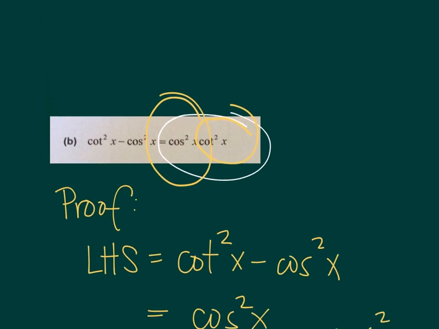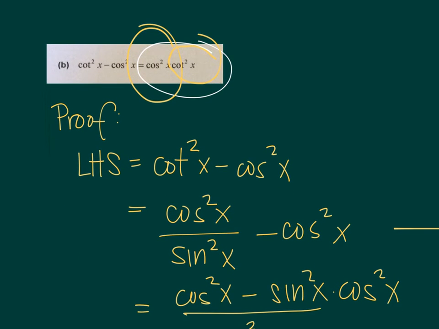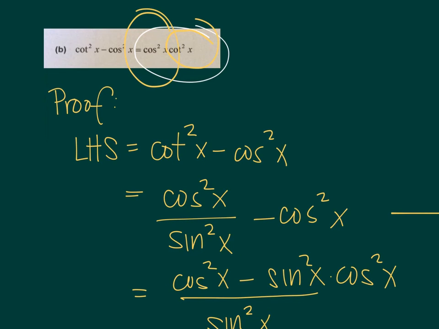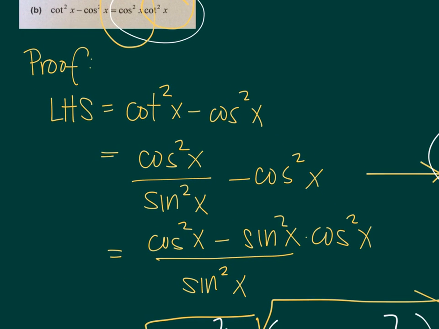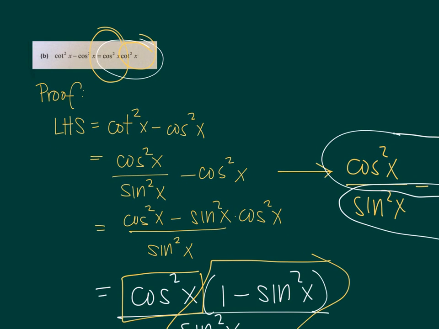Okay, so just a quick recap on how we prove this identity. The moment you see a square, although not in all cases, the strategy is always by using the Pythagorean identities.